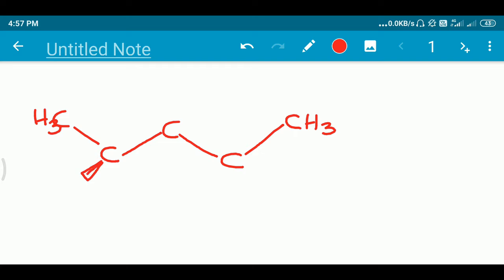When I try to draw the wedge representation, we have to ensure that we are drawing both the dashed lines as well as the thick lines.